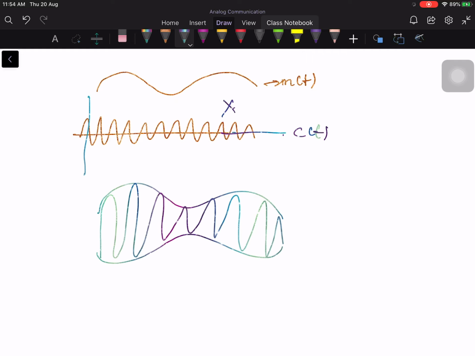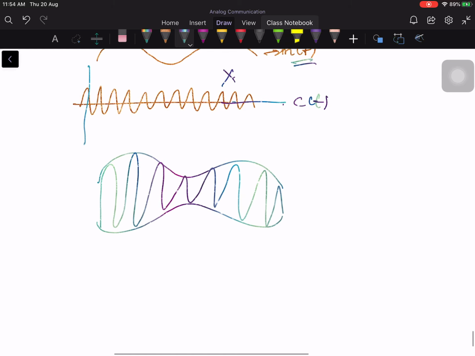Here the highest frequency component of m of t is much smaller than omega naught. Now the product signal is a fluctuating signal. That fluctuation is with respect to your m of t. It is the same cosine wave, cos omega naught t, with some instantaneous amplitude, which is governed by the value of m of t.